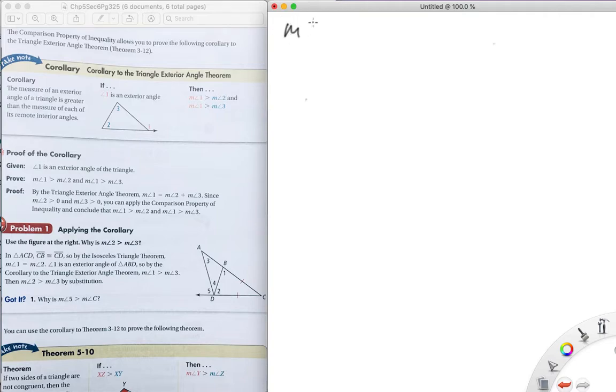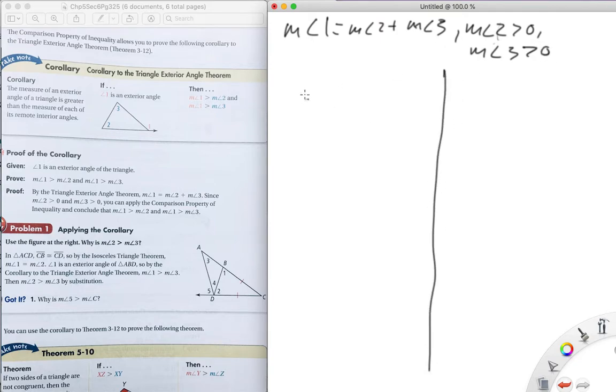The exterior angle theorem: the measure of angle 1 is equal to the measure of angle 2 plus the measure of angle 3. The measure of angle 2 is greater than 0, and the measure of angle 3 is greater than 0. That's going to be our given. So that's our given up there.